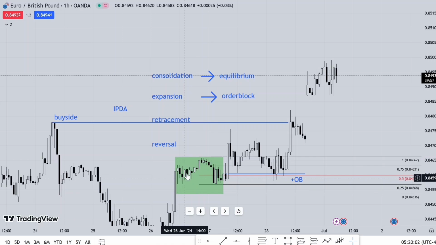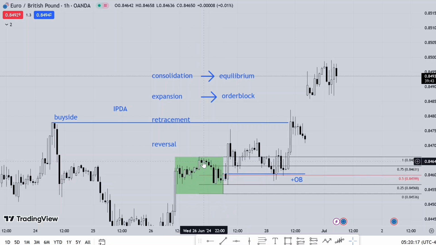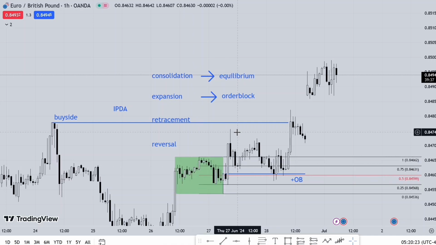So when you have this consolidation, we are currently speaking on expansion, and the IPDA tool for the expansion is the order block. The order block will be left at the equilibrium of the consolidation phase that took place before the expansion leg. So after that expansion leg, you go into your price action and you note the last down close candle that was left at equilibrium.